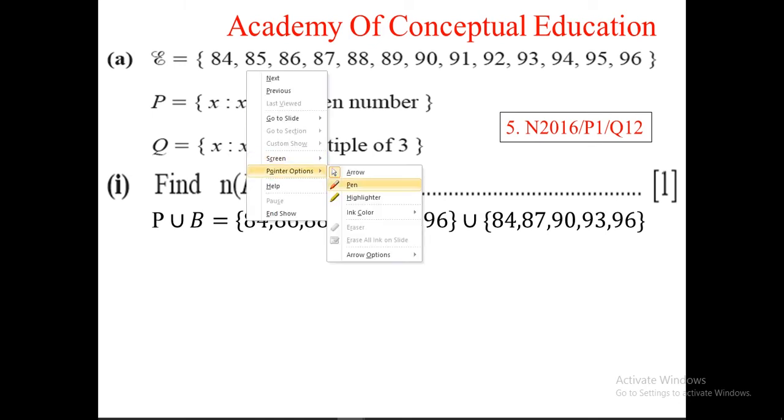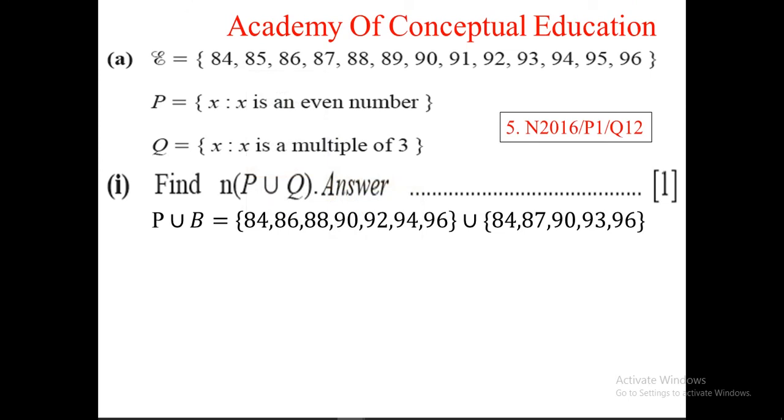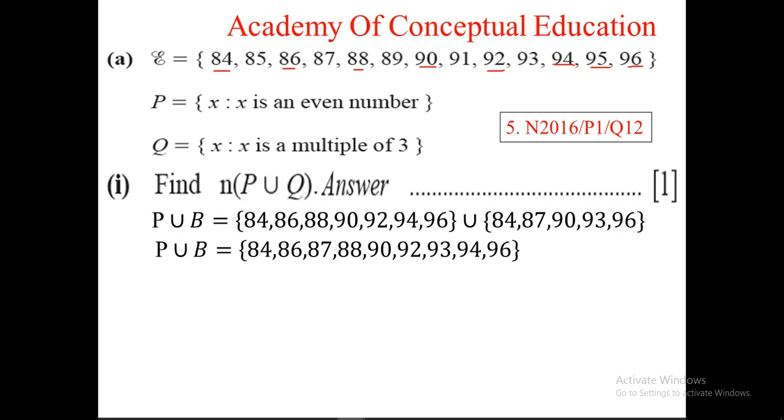We have to note down the even elements, but keep in mind that we have to stay within these limits. So these are the even numbers, the set P will be this, and then the multiples of 3. Within the universal set, these are the multiples of 3. So finally, P union B will be this.